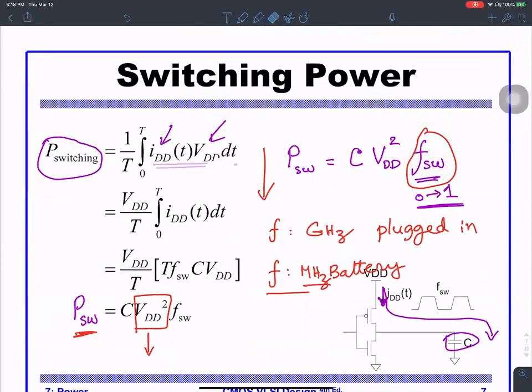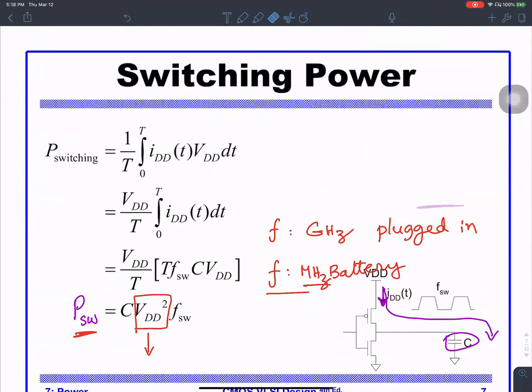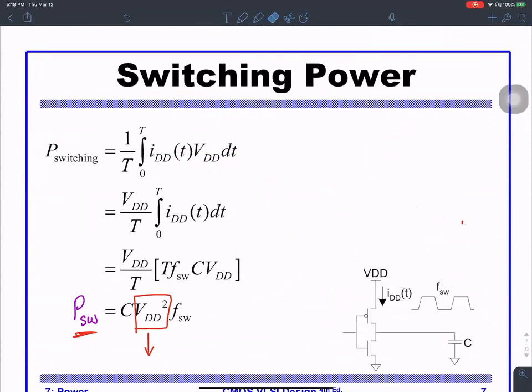Now, I also gave the expression for switching power. The switching power is a function of the capacitance times VDD squared. So we know this. That's the total energy drawn from the power source for one cycle.